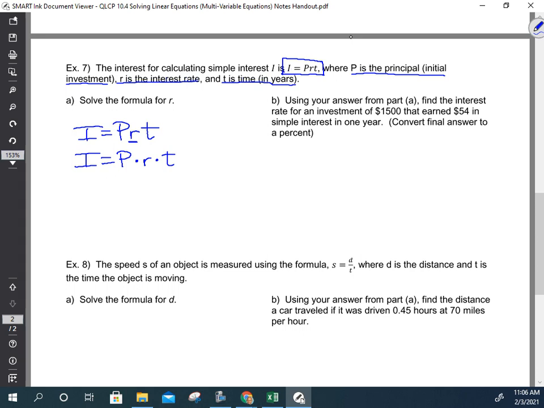The opposite of multiplication is division, so you're going to divide by P. T is currently multiplying. The opposite of multiplication is division, so you're going to divide by T. So the P's drop out, the T's drop out.